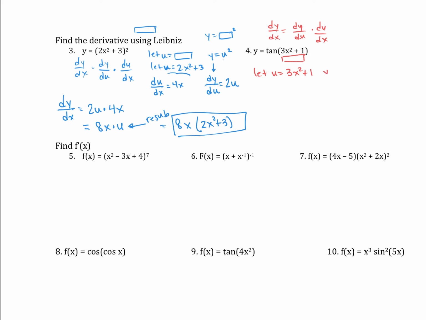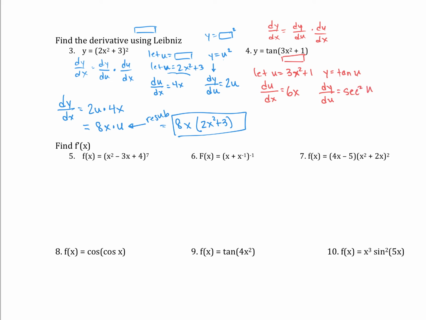And that means y would equal the tangent of u, which is the box. Let's take the derivative here. Du with respect to x, because it's x right here, that's why I'm respecting it to x. This would be 6x. dy, this is a u, so I'm going to take the derivative with respect to u, would give me secant squared u.